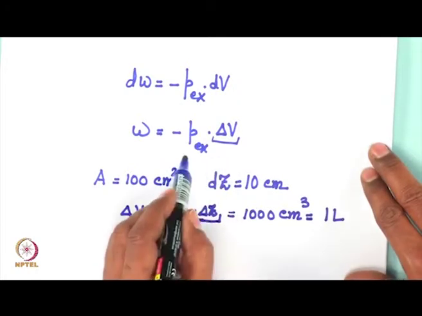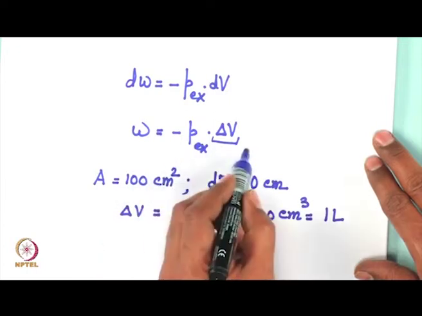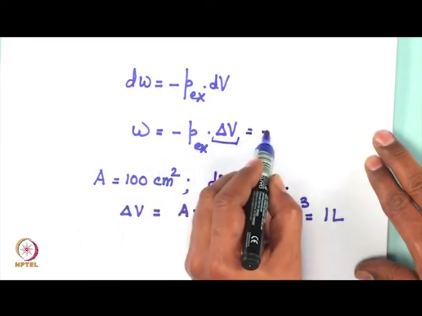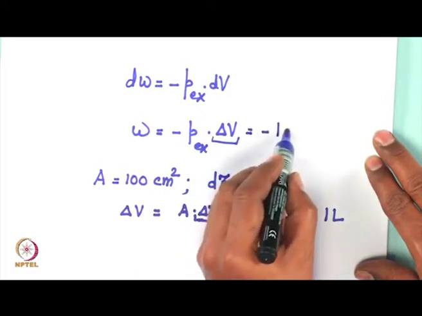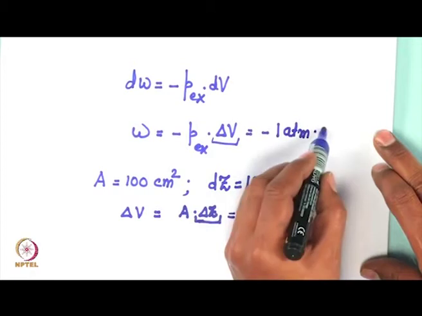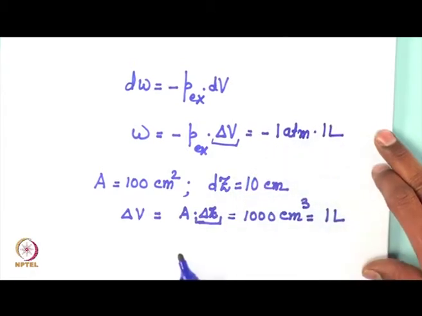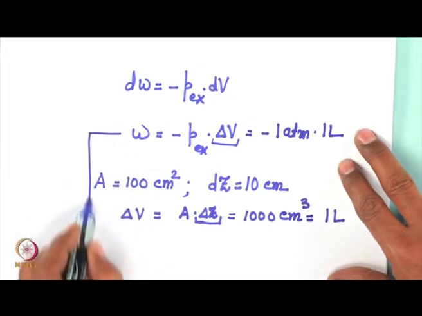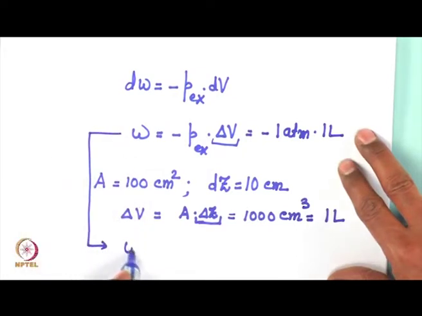So, now we substitute into this, that is equal to minus 1 atmosphere into 1 liter. So, the work done is equal to minus 1 liter atmosphere.